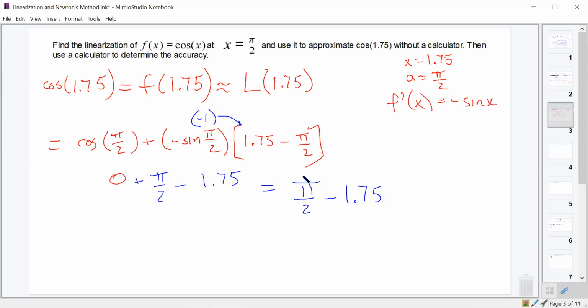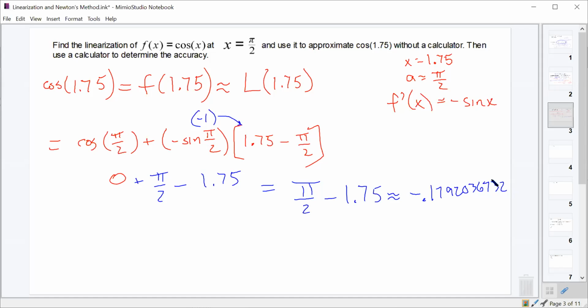Well, what is pi over 2 minus 1.75 approximately? Give me as many decimals as you can. Negative 0.17920367732. All right.